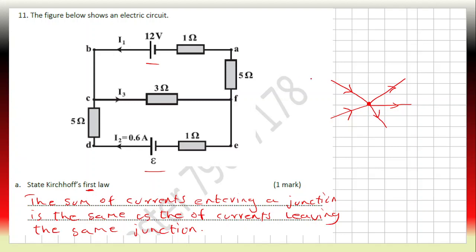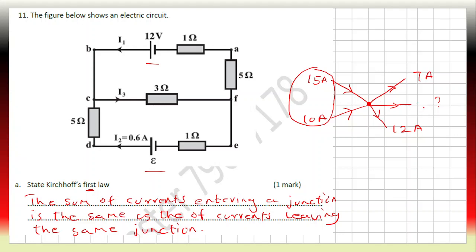So if this is 15 amperes and this is 10 amperes, if you're given this as 7 amperes and this one as maybe 12 amperes, what is the current here? The sum of the current entering, where is the junction? The junction is here, must be equal to the sum of the currents leaving the junction.